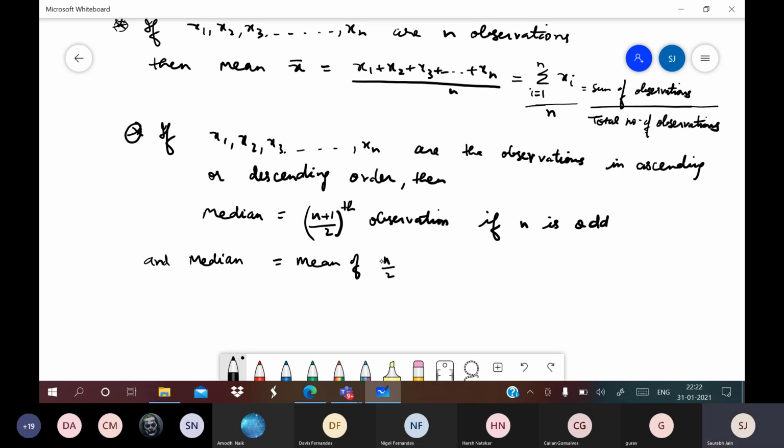Mean of the n by 2th and n by 2 plus 1th observation, when n is even. I hope now you remember all these things. This is the way we used to find mean and median for individual observations. I have written the formula once again. If you don't remember, in that case, you can write it from here.